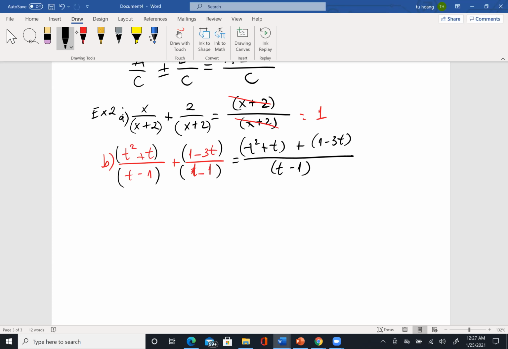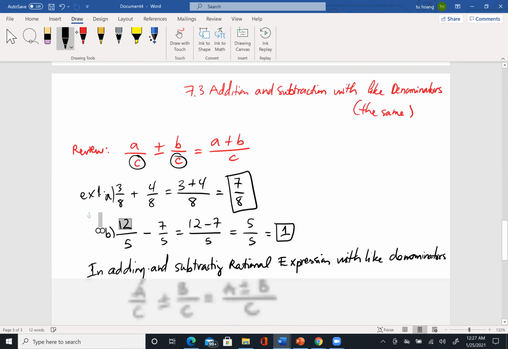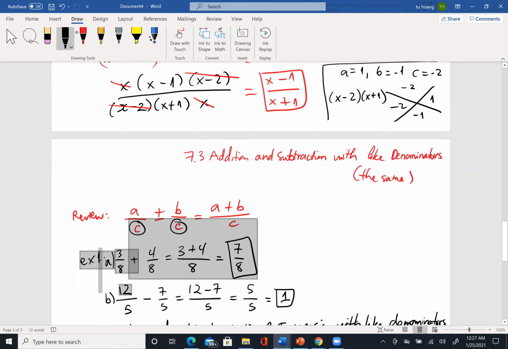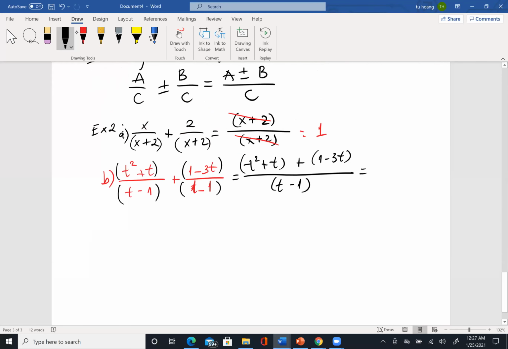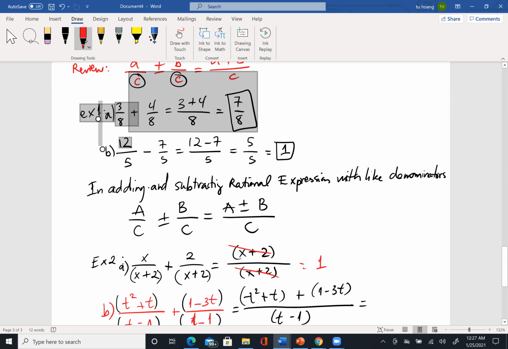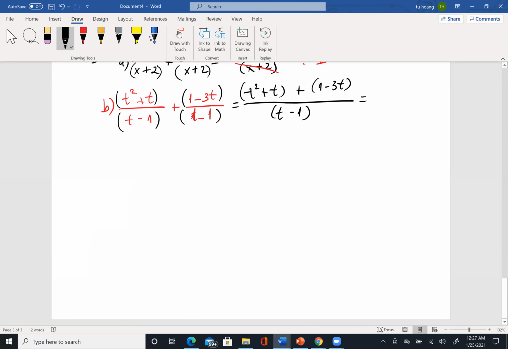Okay, so let's see what happened with the top. Because this is addition, when I open the parentheses, I can just keep it the same as t squared plus t plus 1 minus 3t, everything divided by t minus 1.